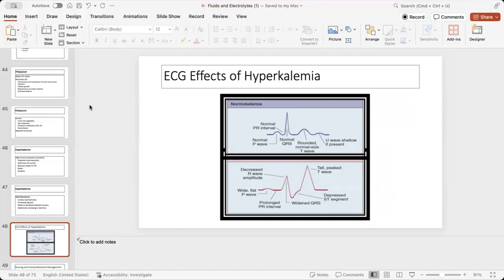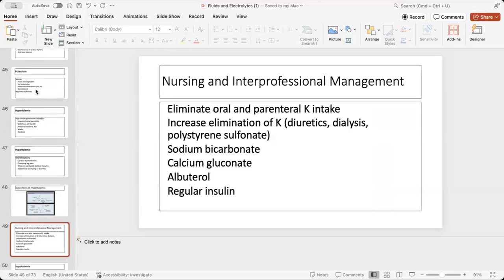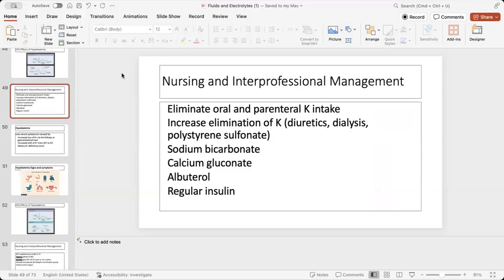We talked about how to get rid of a high potassium if we need to do it quickly, right? Diuretics. Calcium gluconate. What kind of insulin? Regular IV insulin. Albuterol. Those are going to happen quick. What's going to take a little longer for potassium to be excreted?